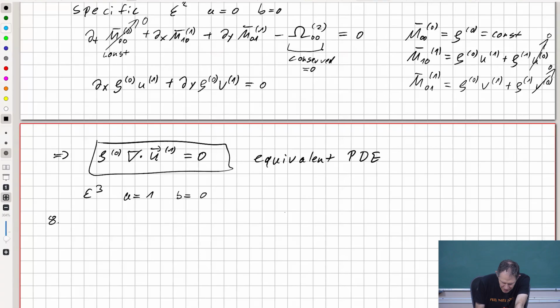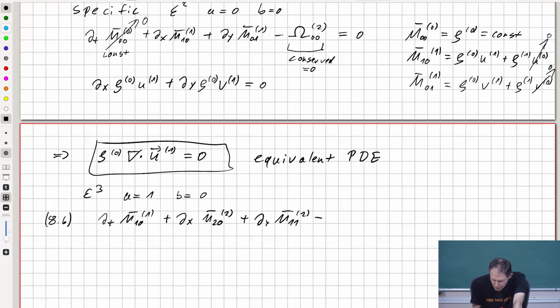This gives us equation 8.6: ∂t of m10 to first order, plus ∂x of m20 bar to second order, plus ∂y of m11 to second order, minus omega 10 to third order, is equal to 0.